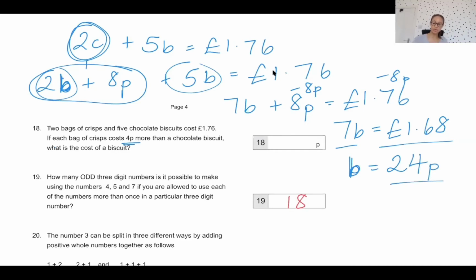This isn't the question, but how much does a packet of crisps cost? The cost of a bag of crisps?